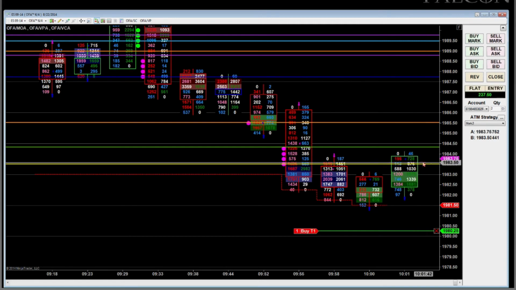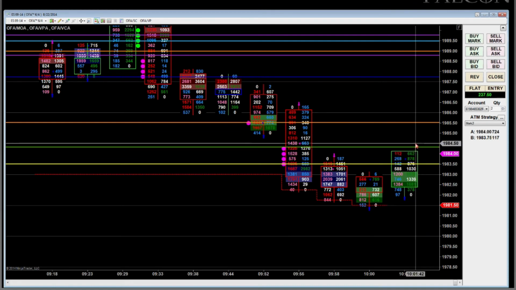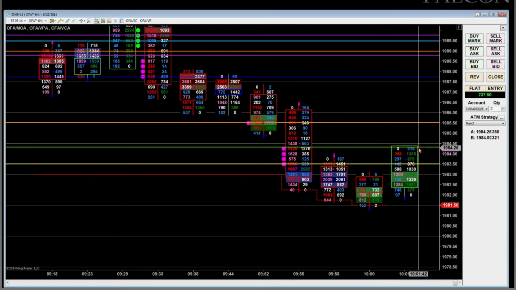Now I moved that down because this was likely going to stop me out. I will see what happens up around IB, but I have another long scenario setting up. There's IB. IB low at 84.25.